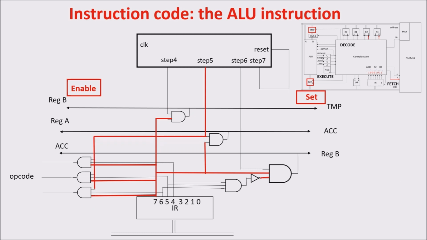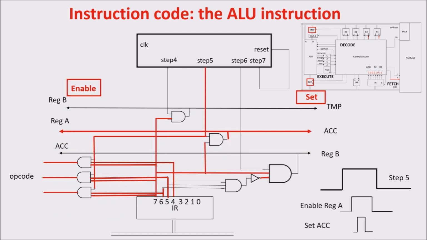When step 5 arrives, we send the opcode to the ALU and an enable pulse to reg A to put its byte on the bus. In this situation, we have the opcode selected, the first operand reg B in the TMP register and the second operand reg A in the bus, so the ALU, being a combinational circuit, immediately performs the operation and we acquire the result, giving a set pulse to the accumulator register.